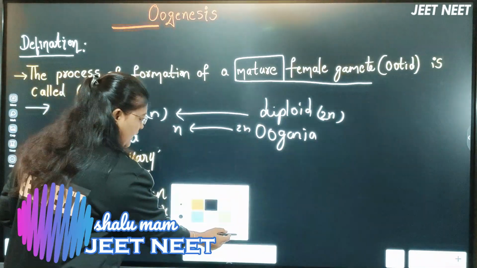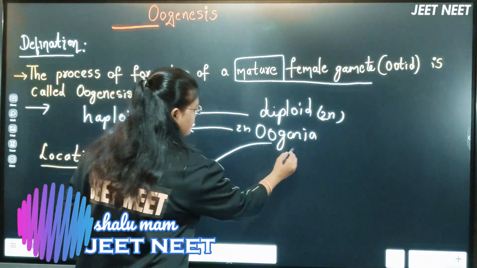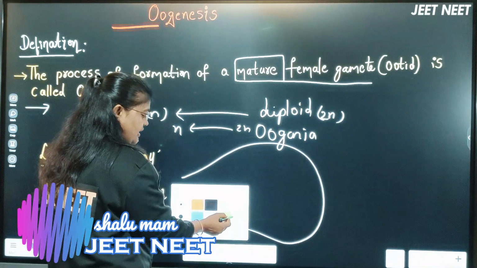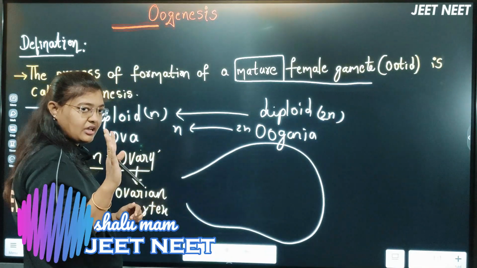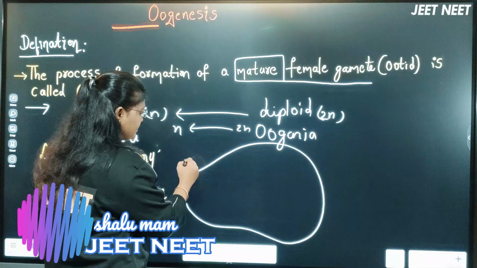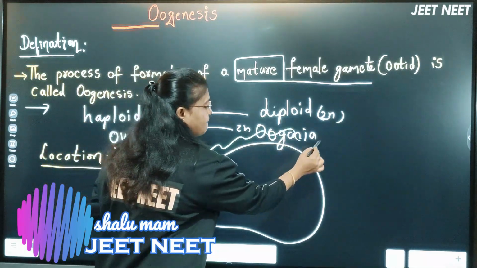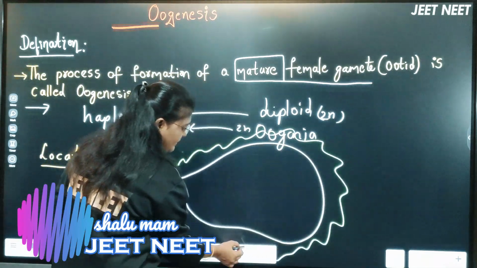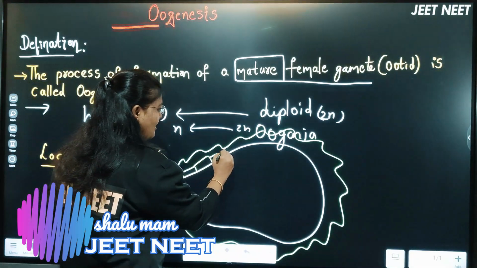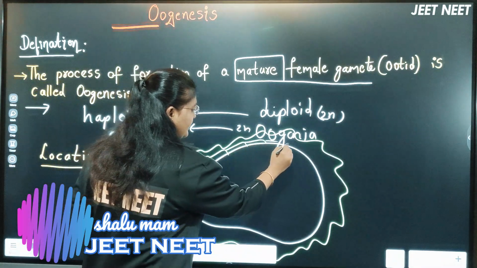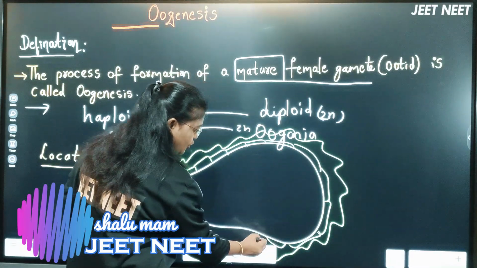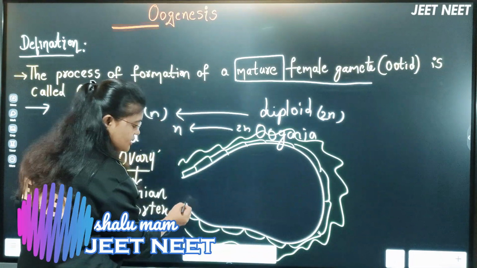Because we know that in the ovary we have two structures. The ovary is surrounded with 3 layers. Everyone knows, I hope so. If you don't know, please check it. First, the outermost layer called the peritoneum membrane will be present. The second one is the germinal epithelium, which is made up of cuboidal shaped cells.